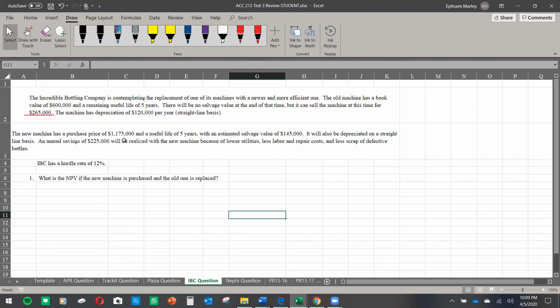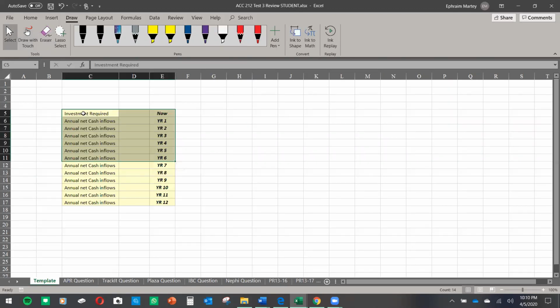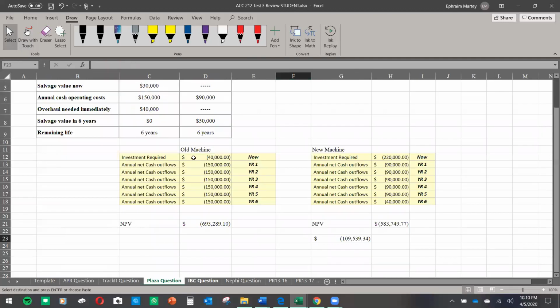We'll purchase it at this cost, and it will last us 5 years. The salvage value at the end is 145,000, and it will save us 225,000. These are the information you need. Now let's move on, the machine is going to last 5 years, so we're solving this problem.